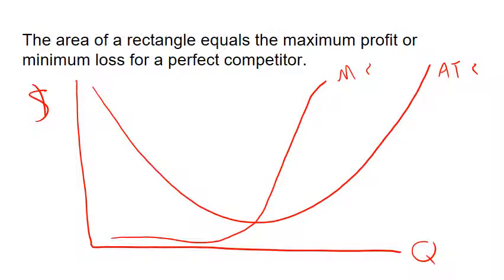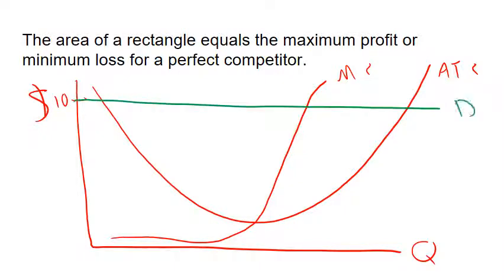And let's say that the price is up here. Let's say that's $10 right now is the price. So the demand is a horizontal line at $10. And I know that QM is that number right there, the quantity determined by the intersection of marginal cost and the demand curve.